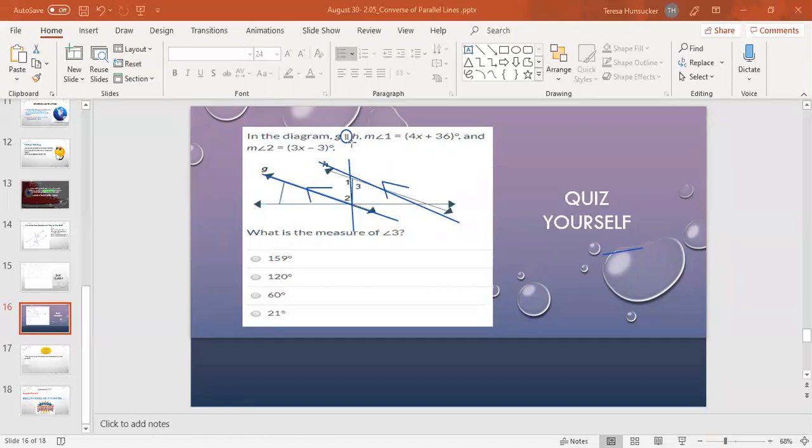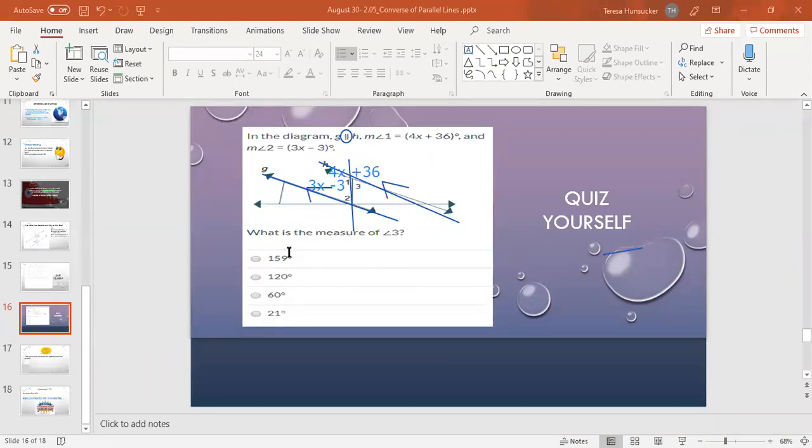That means parallel. Angle 1 is 4x plus 36. Angle 1 over here is 4x plus 36. Angle 2 is 3x minus 3. Do you know what the relationship is between angle 1 and angle 2? How would we solve for x?